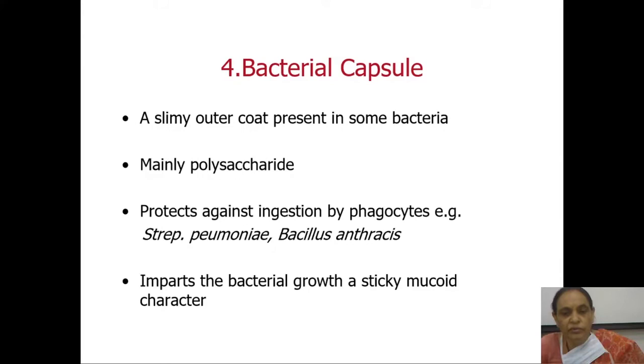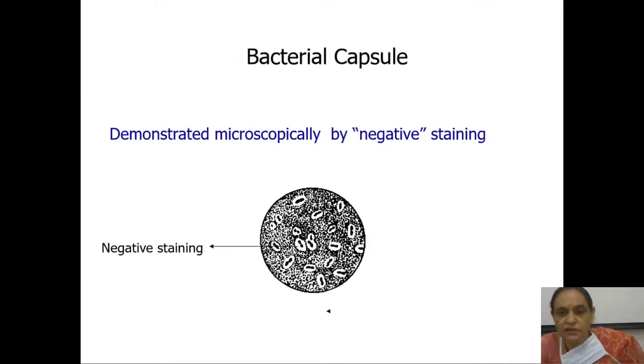Once you come back and do your practicals, you can see one bacteria, Klebsiella pneumoniae, which forms very mucoid colonies. You can actually lift it with the help of a loop. You can demonstrate the capsule by a negative staining. So the gram staining that we talked of was a positive staining. You put a stain, you put the color and see the color.